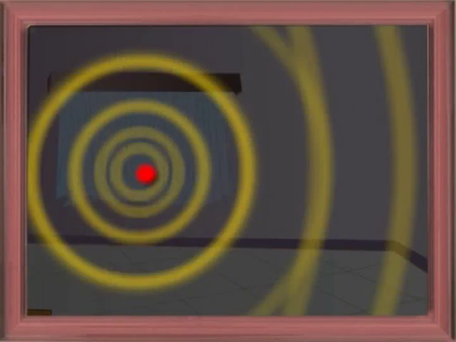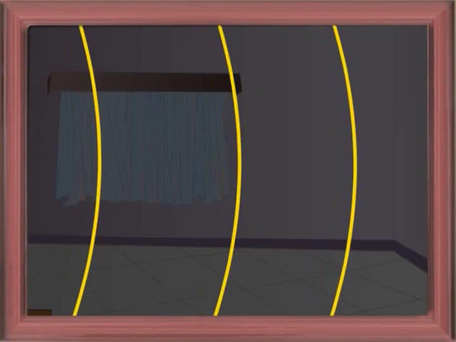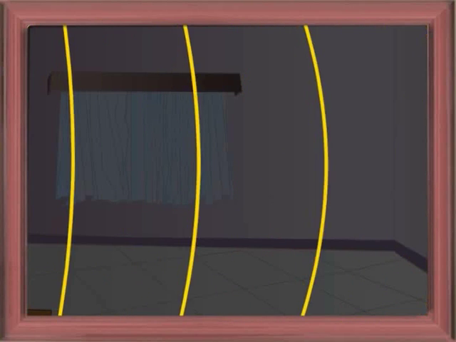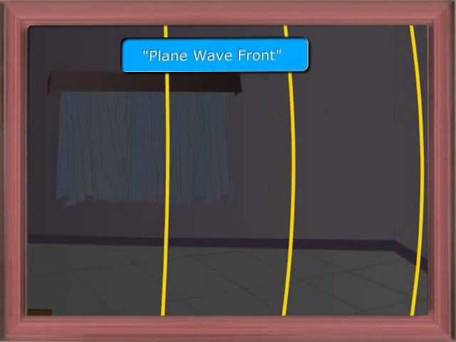If the point source of light is at a very large distance, the radius of the spherical wavefront is very large, and a small part of this wavefront can be considered to be a plane wavefront. I can give you an example of a plane wavefront. Light from the sun reaches the earth in the form of plane wavefronts.